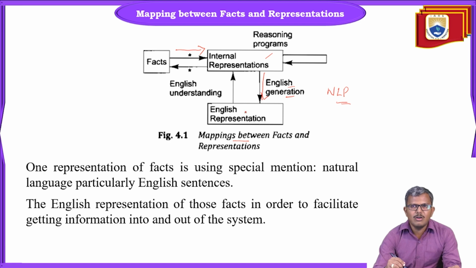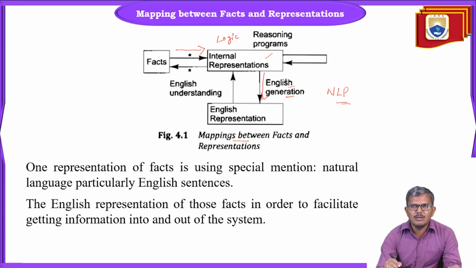And if you talk from this particular line, from this particular box, from the English representation to the internal representation, here internal representations means it is program related representations, we can say. Okay, AI program related representations. That means these representations will be in the form of logic.